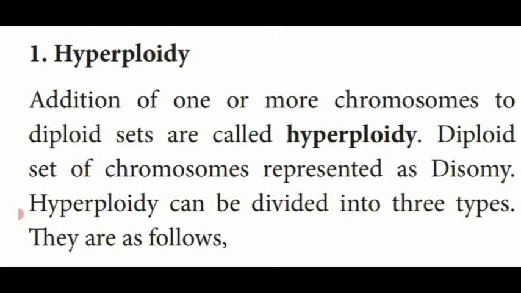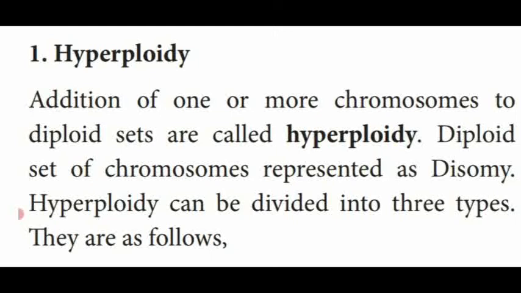The name itself has the answer. Whenever we study the word hyper, it shows an increase in number, isn't it? The organism already has a diploid set of chromosomes. Again, one or more chromosomes added to the diploid set is known as hyperploidy.